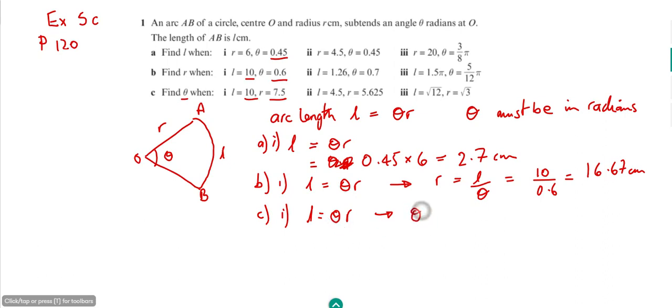So theta is equal to L over r. Substituting those values, L is equal to 10 and r is equal to 7.5. If we work out the value of that, we get 1.33 radians.